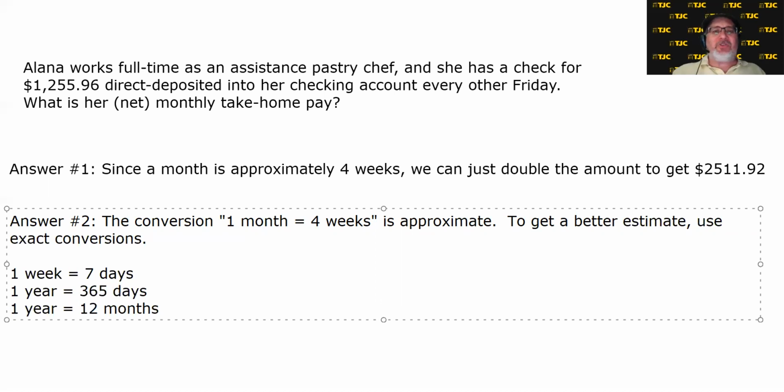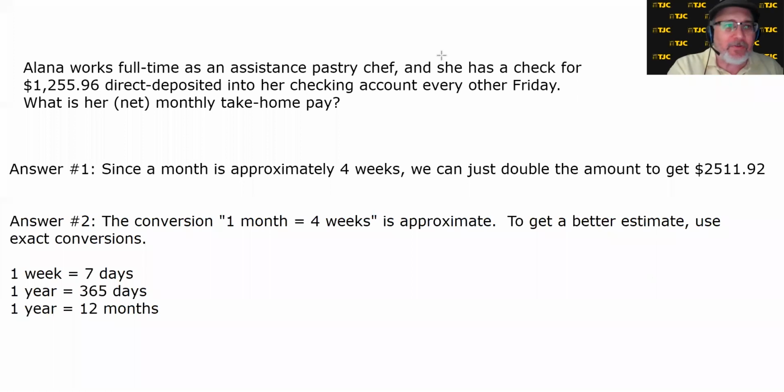So how can we use these? What we're given is a pay period of every 2 weeks. In other words, the frequency we're given is every other Friday, which implies once every 2 weeks.